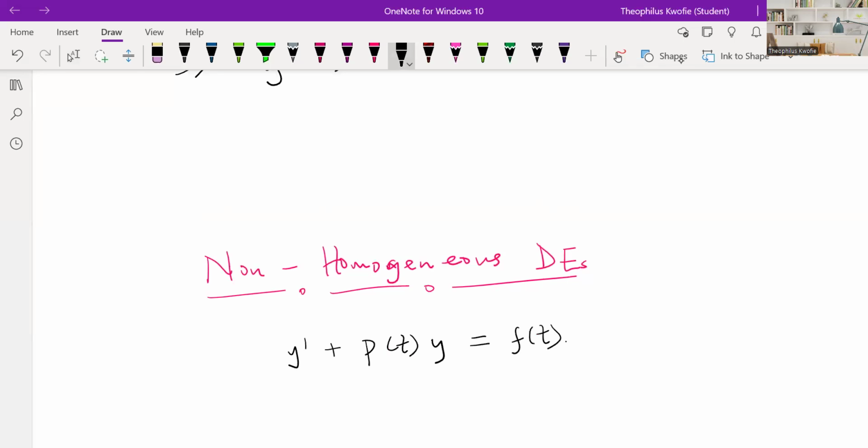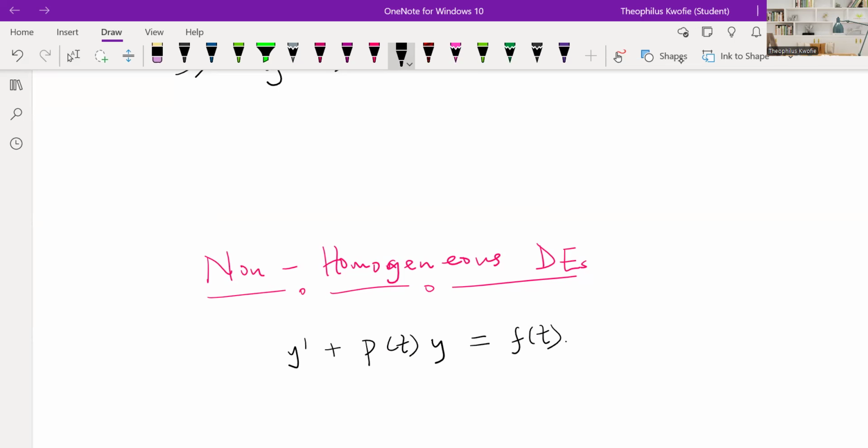Okay. Not only is this closely related in form to the first order homogeneous linear equation, we can use what we know about solving homogeneous equations to solve the general linear equations.